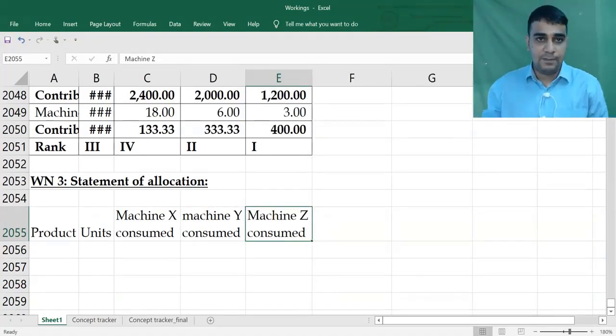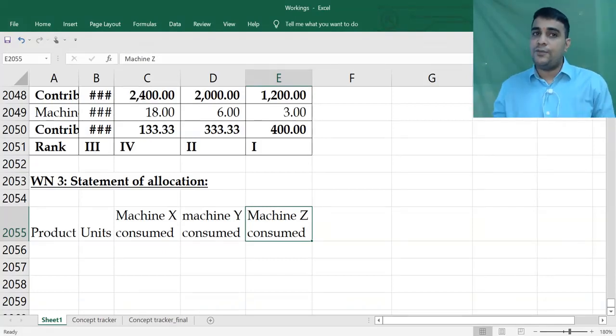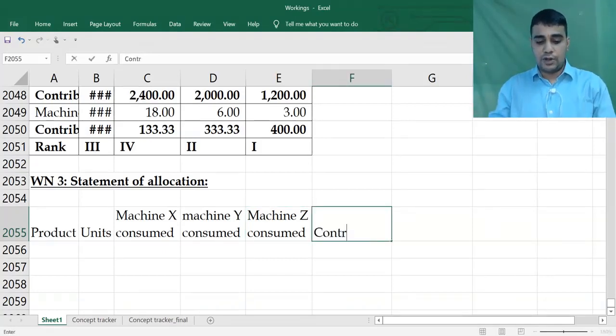Z will 100% be below 6,000. X and Y can exceed that number. I will have to keep that in mind. So I don't want X and Y both to exceed 6,000. Also I have to calculate the spare capacity. Last column is contribution.